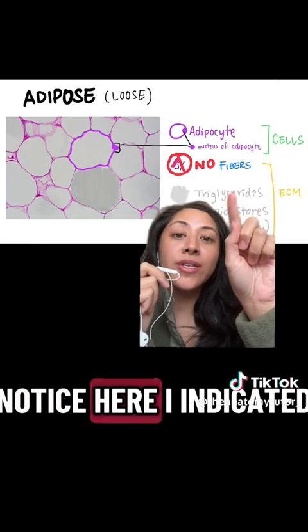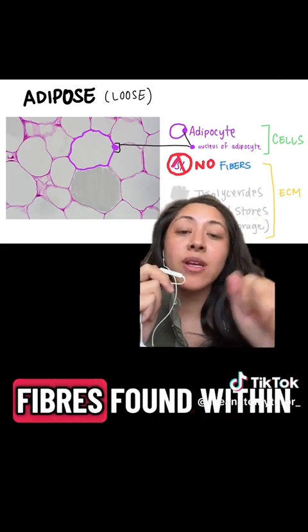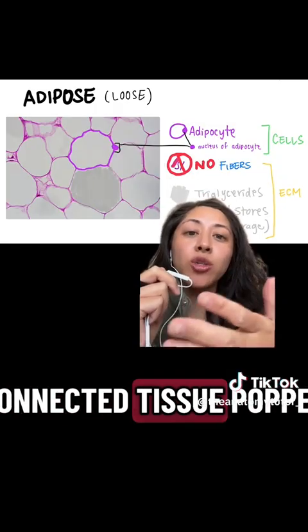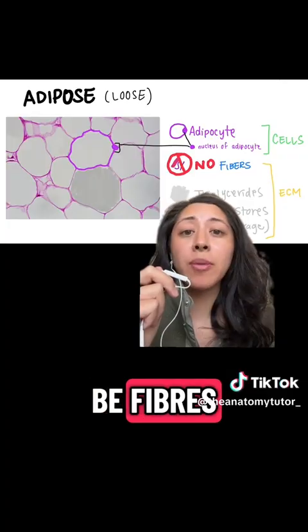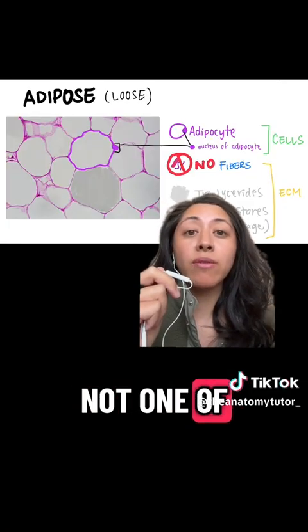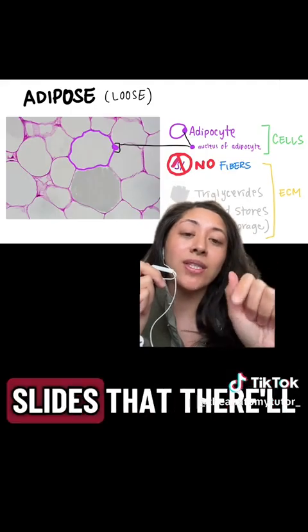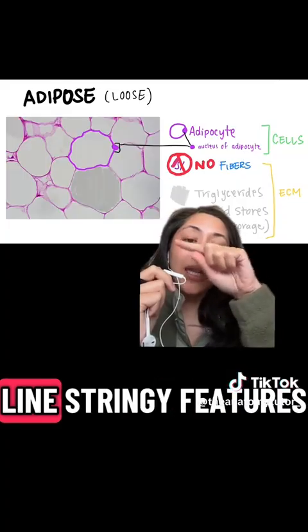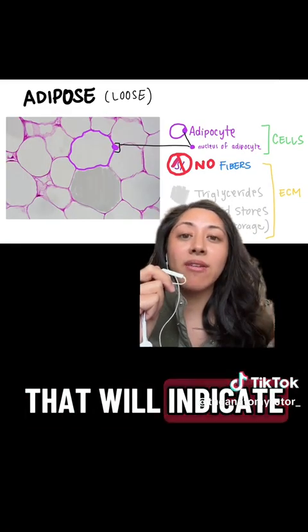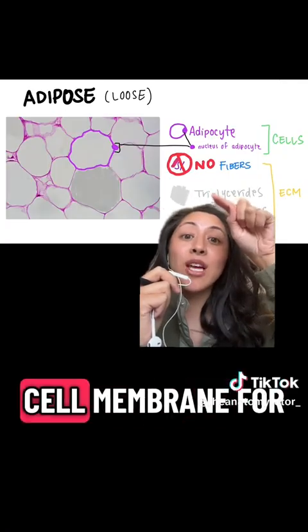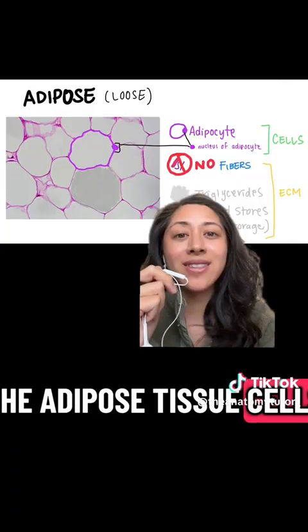As you'll also notice here, I indicated there are no fibers found within this connective tissue proper. What you'll find is that in connective tissue proper, typically there will be fibers. Adipose tissue is not one of those tissues, so that's another exception. You'll see in the following slides that there'll be line, stringy features that will indicate fiber present, but here all we see are the thin lines of the cell membrane for the adipocyte cells.